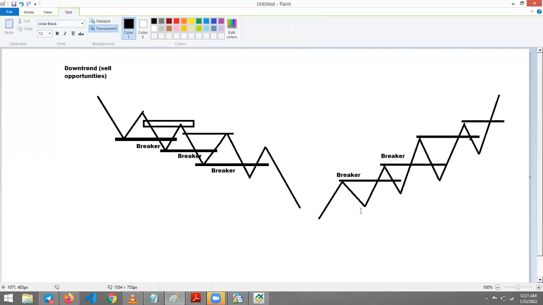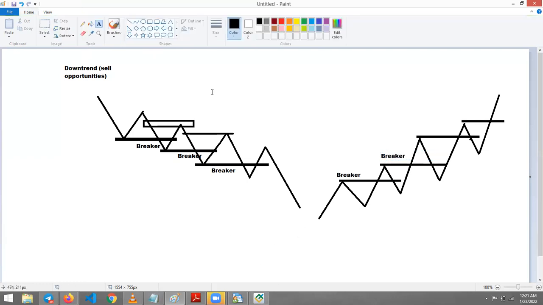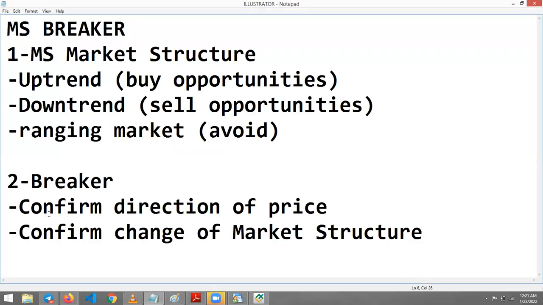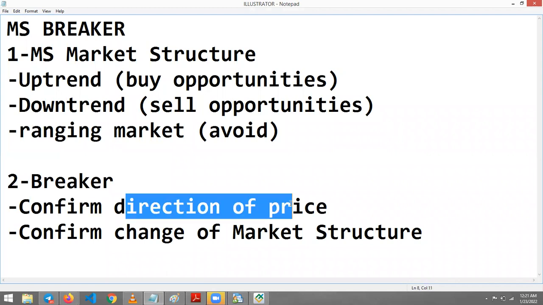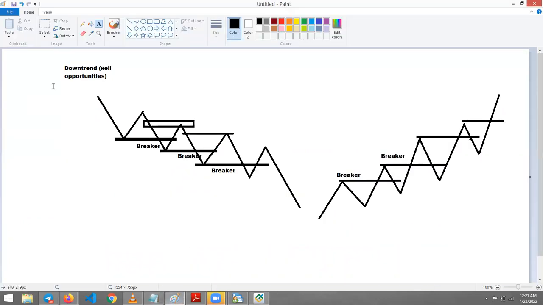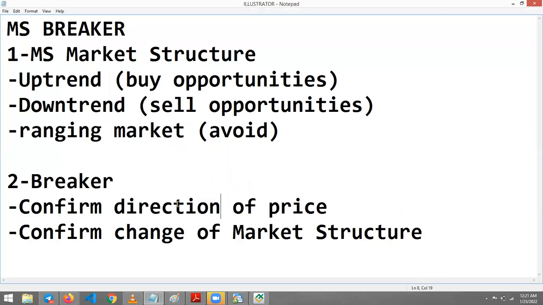I think that is it regarding the breaker. The breaker helps you confirm a direction of price. I think I've explained that illustratively here. Each time price breaks a level, it will confirm the direction of price. Same thing with the uptrend. So that is it regarding the direction of price.